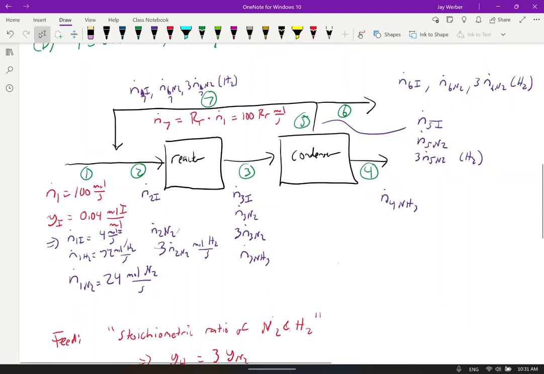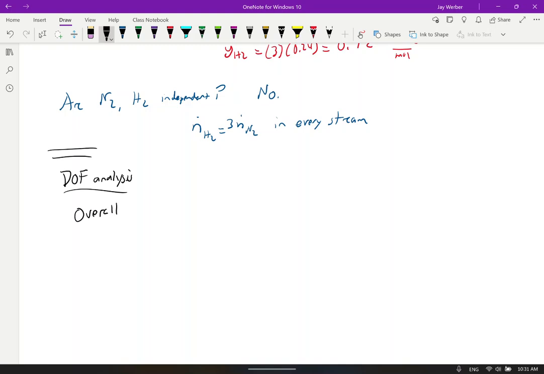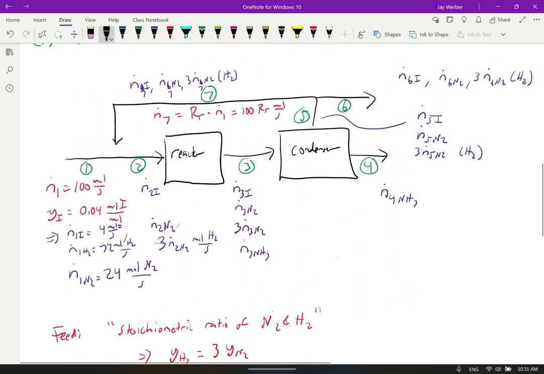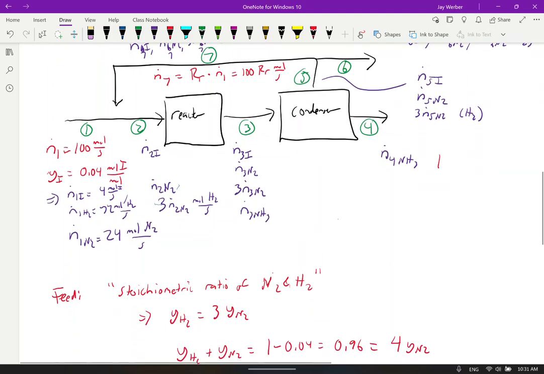That would make sense, huh? So let's do our overall CV. And so the number of unknowns. We have, I believe, 4, right? So 1, 2, 3, oh, no, just 3. Right? So 3 unknowns there.